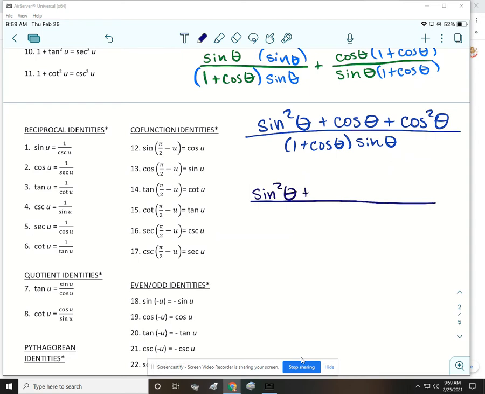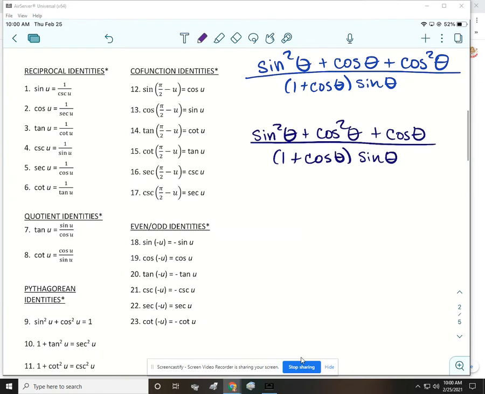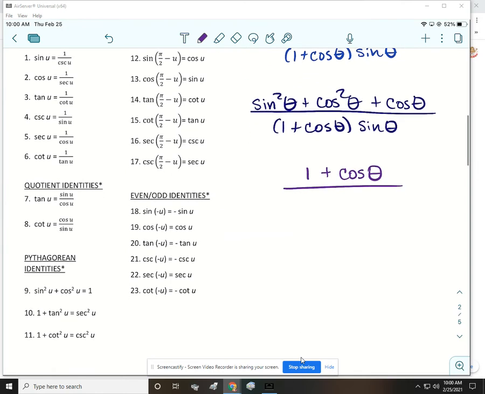But I'm going to put the sine squared of theta and the cosine squared of theta together. Because I know that sine squared of theta plus cosine squared of theta is just 1. And then you still have that cosine of theta left over. So this just becomes the 1.